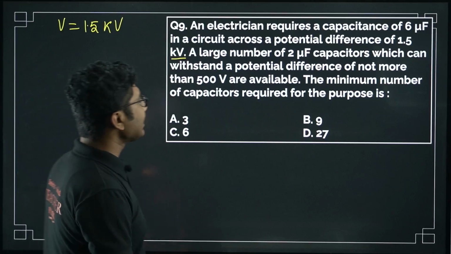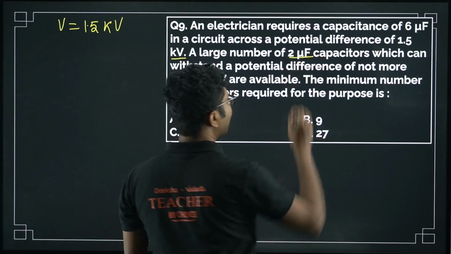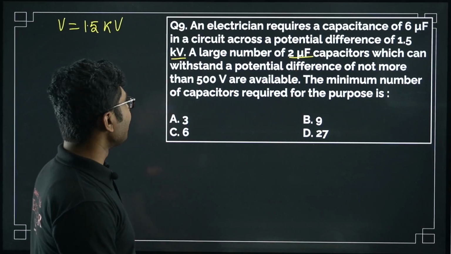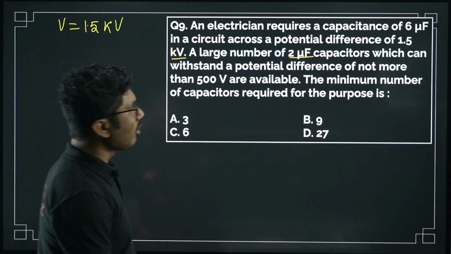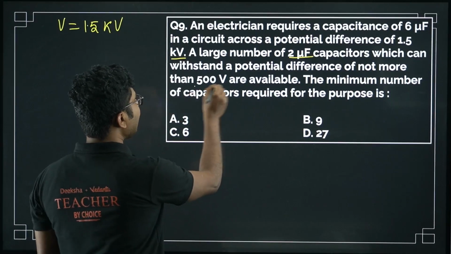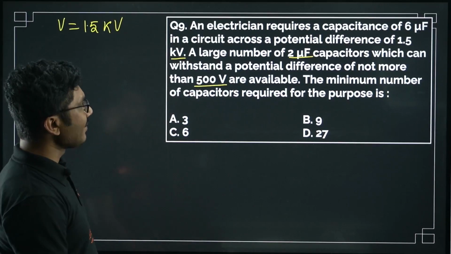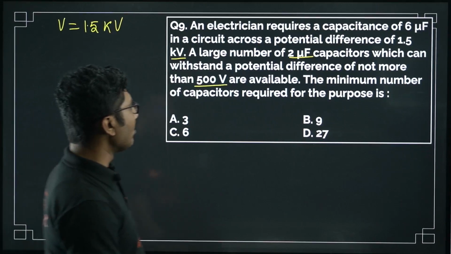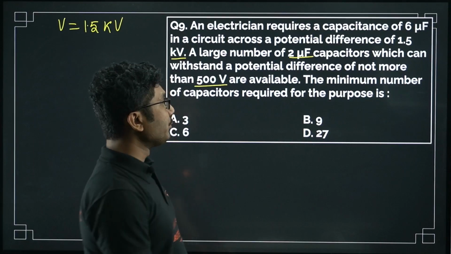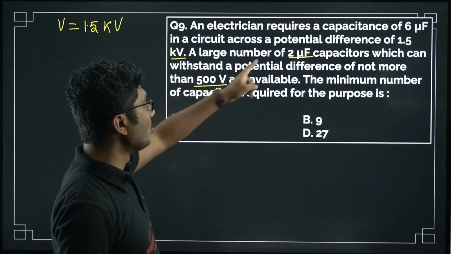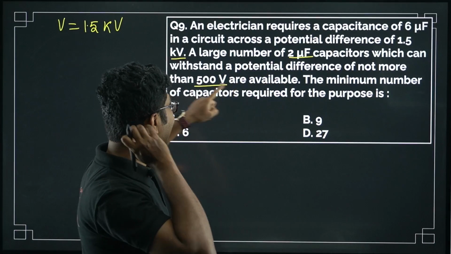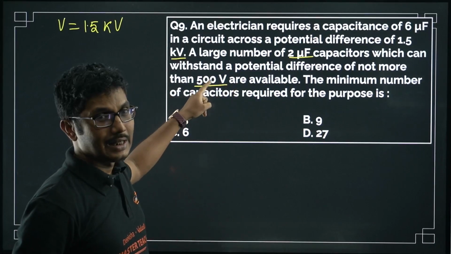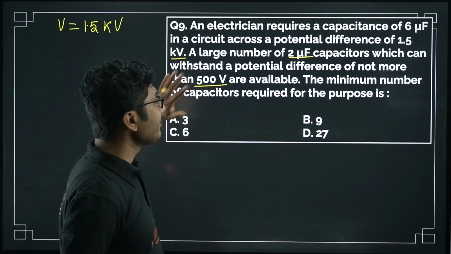Okay, a large number of 2 microfarad capacitors which can withstand a potential difference of not more than 500 volt are available. The minimum number of capacitors required for this purpose. So we have 2 microfarad capacitors and 500 volt is the capacity of each of them.